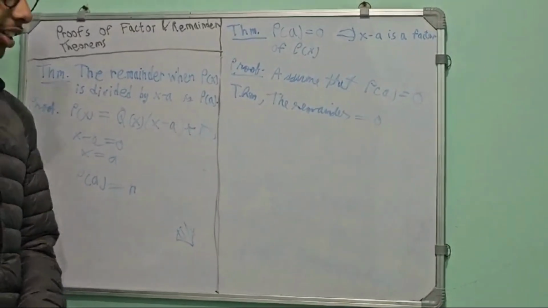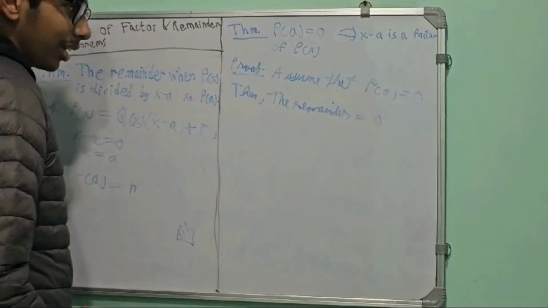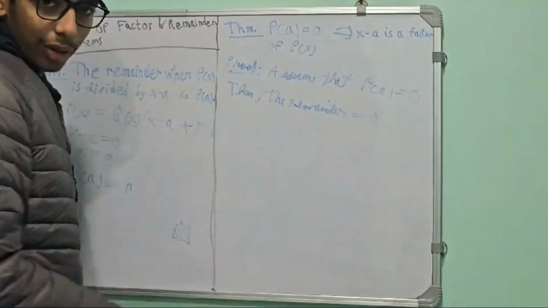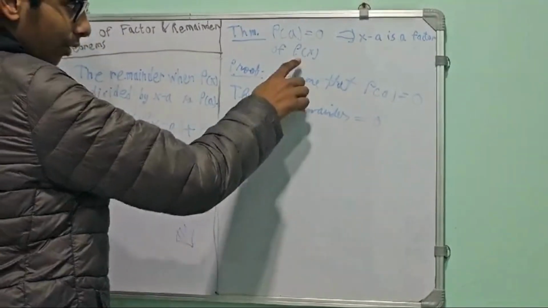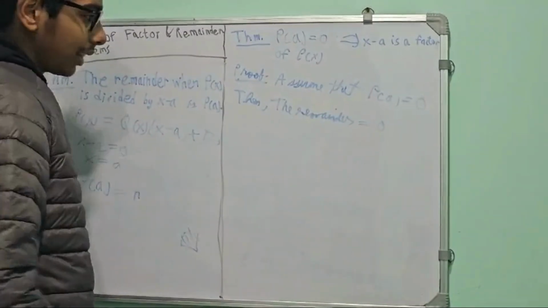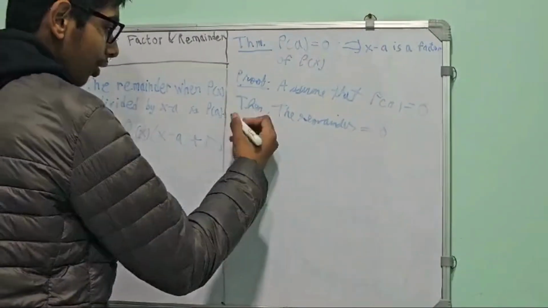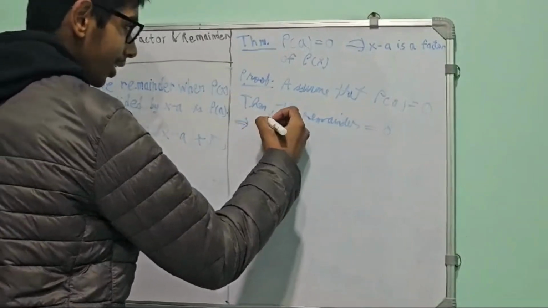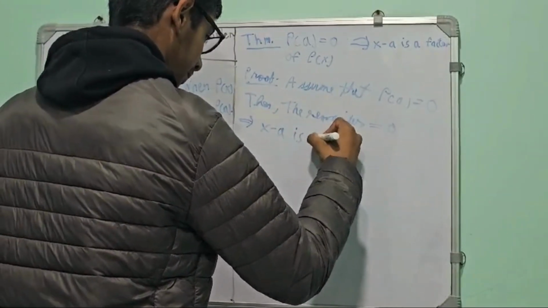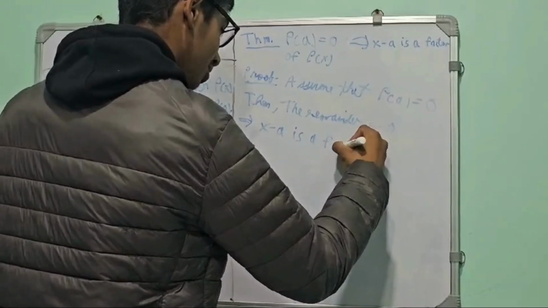It doesn't have any fractions. So this is basically what we are saying. If p of a equals 0, then the remainder will be equal to 0. So when p of x is divided by x minus a, the remainder will be 0, and that is the definition of a factor.